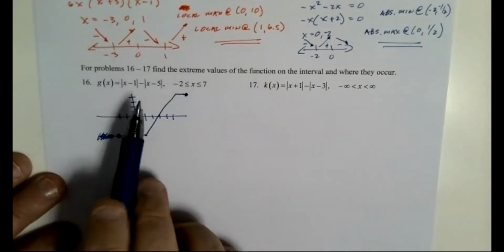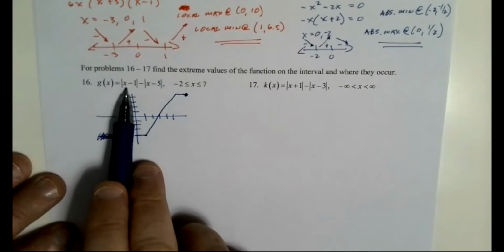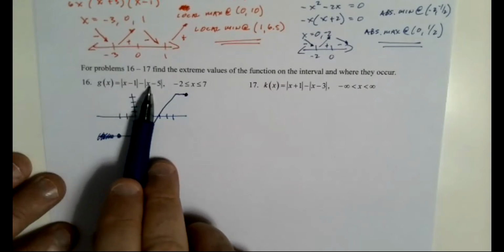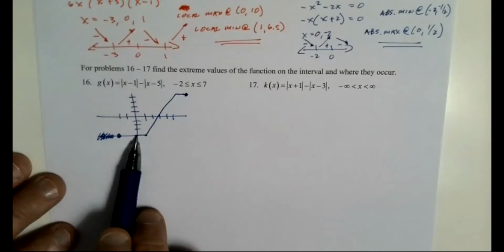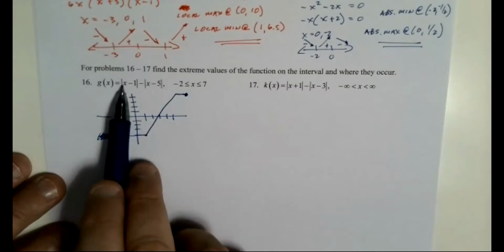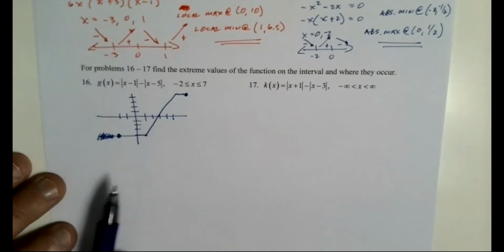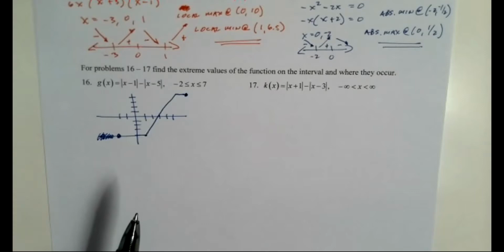So let's slow down for a second. So let's see what happens when I plug in 0. 1 minus 5, negative 4. Got it. Plug in 1, 1 minus 5. Interesting. Yeah. Absolute value graphs can get really crazy.